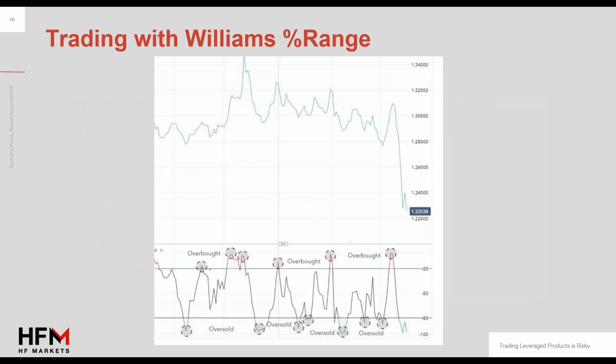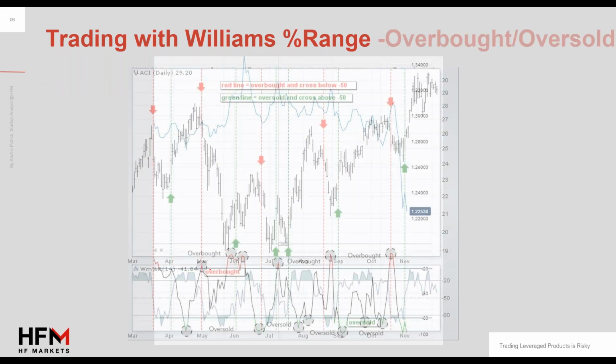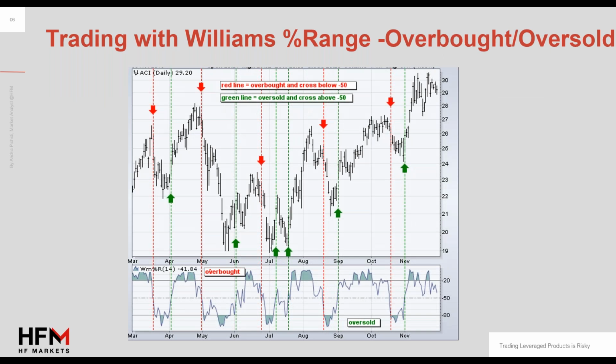So let's see another approach. Here we are. With red, we have pointed out all the situations in which the asset was overbought and then it crossed below -50.